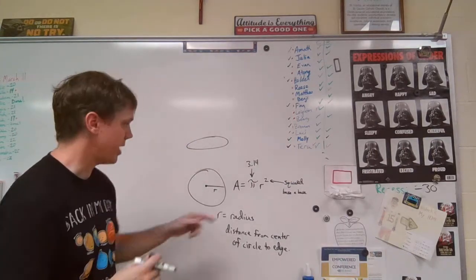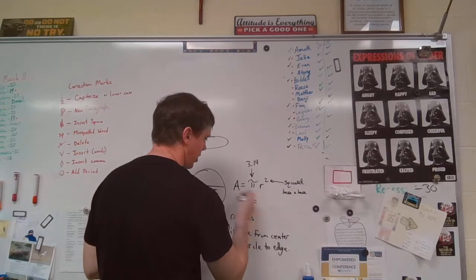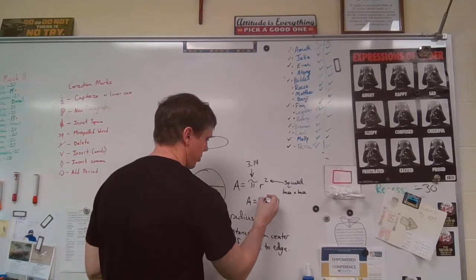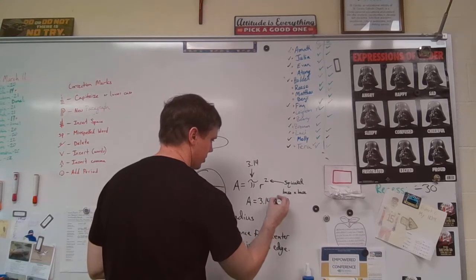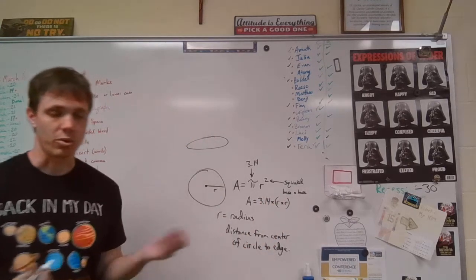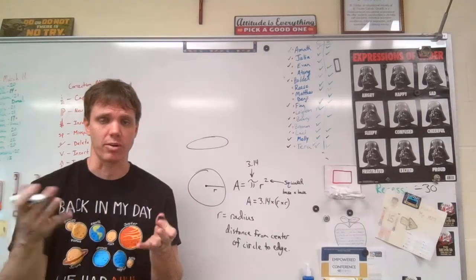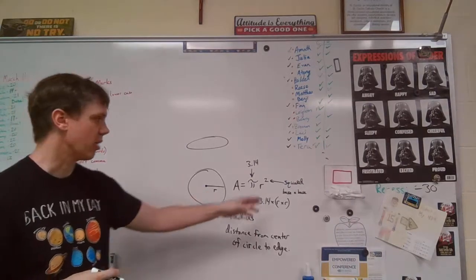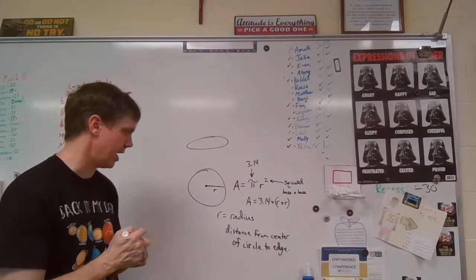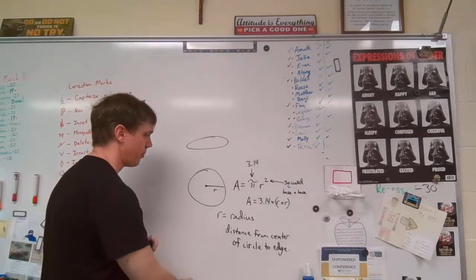In this case, base means r. So really what this is saying is that the area of a circle is equal to 3.14 times the radius times the radius. Okay? So squared, if you think back to our powers of 10, 10 squared was just 10 times 10, which is 100. Same thing here, only this number is not necessarily going to be 10. Though I do tend to pick easy numbers for you guys because I don't want it to be too crazy.